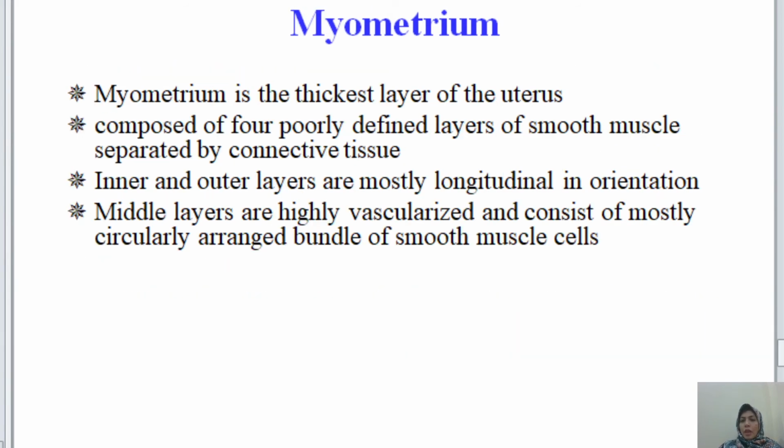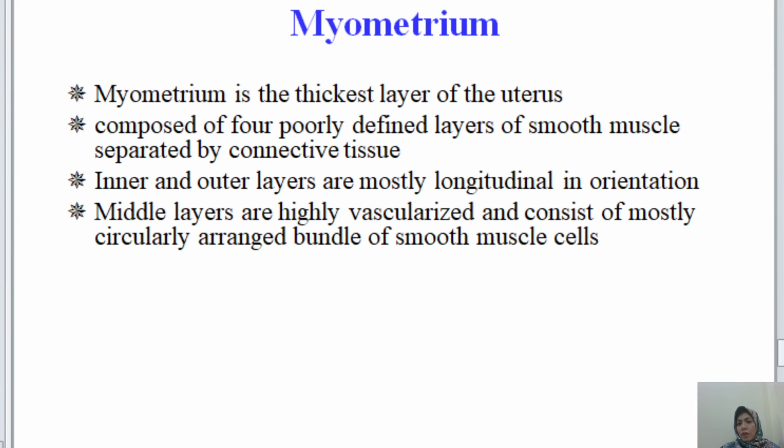The myometrium is the second layer of the uterus. This is the thickest layer of the uterus and is composed of four poorly defined layers of smooth muscle separated by connective tissue.